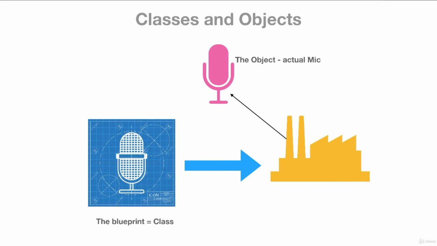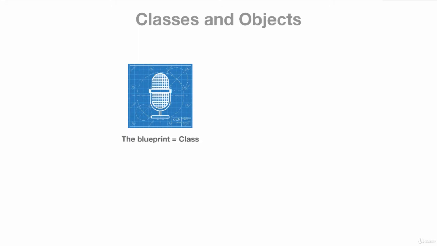So the blueprint is the class, and the house is indeed the object, the actual thing, if you will. So we have the blueprint, the class, and then we have the actual object. That's it. That's the simplicity of things.